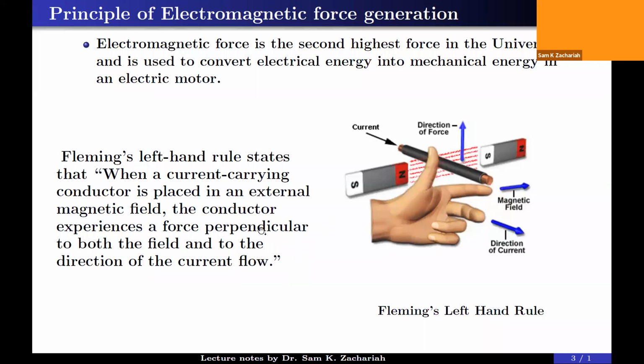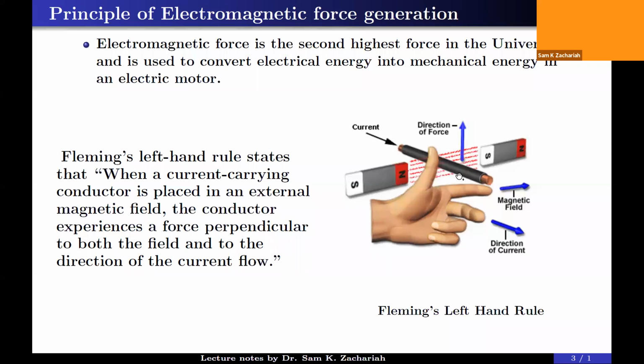And the rule which talks about electromagnetic force generation is called Fleming's left-hand rule, which states that when a current carrying conductor is placed in an external magnetic field, the conductor experiences a force perpendicular to both the field and the direction of the current flow. This is Fleming's left-hand rule shown as a picture.